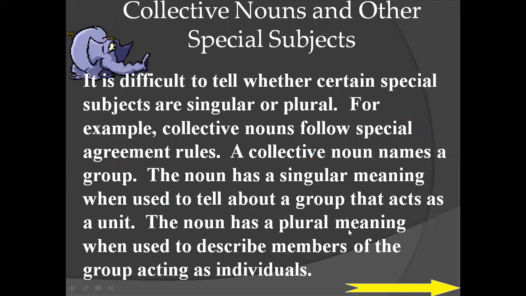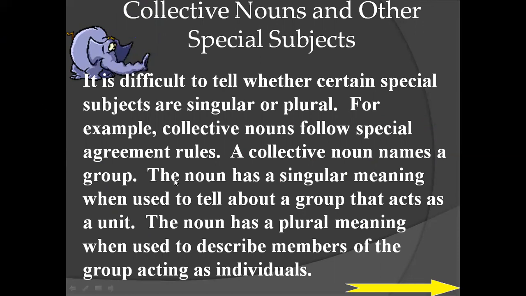Now let's take a look at collective nouns and other special subjects. It's difficult to tell whether certain special subjects are singular or plural.